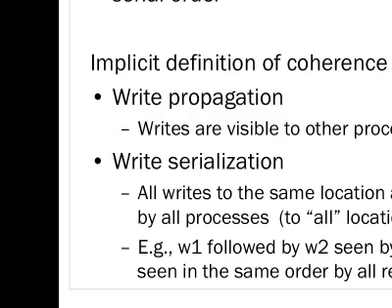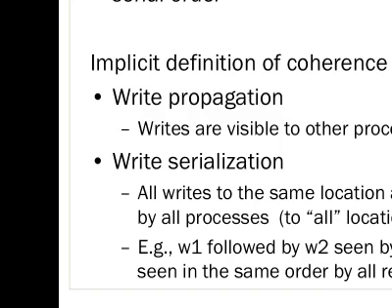Coherence is defined in this way: a multiprocessor is coherent if the results of any execution of a program can be reconstructed by a hypothetical serial order. Okay. So that's the definition of coherence. The implicit definition of coherence has two aspects: write propagation.